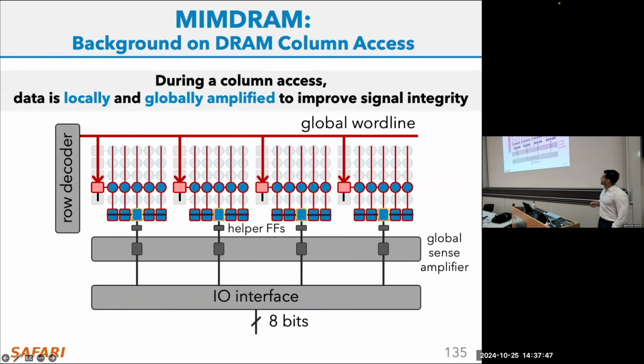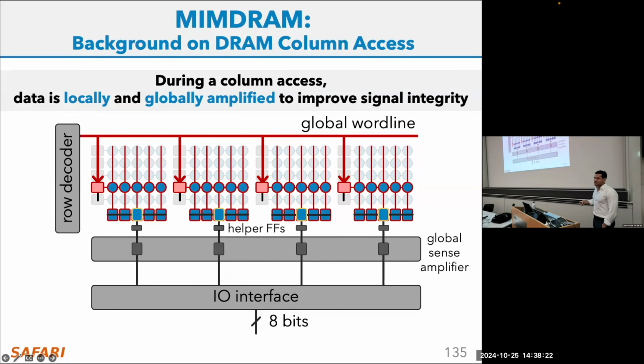The next thing that you want to do is to move the data across the different DRAM mats. For that, I'm going to give a little more background on a DRAM column request. When you're accessing a DRAM column, the data does not necessarily go straight from the local row buffer to the I/O interface. It is further amplified across that column access path so that the signal integrity becomes higher, and then you can move the data to the memory channel in a reliable way.